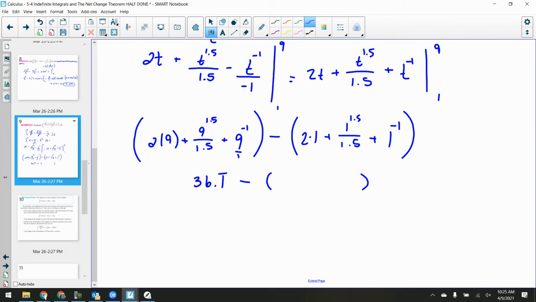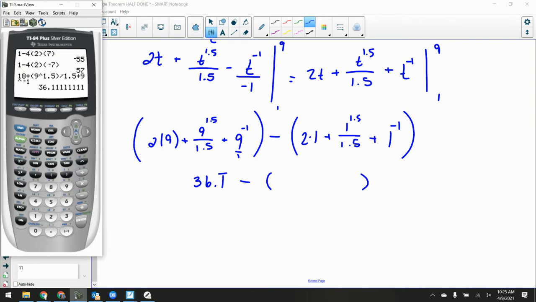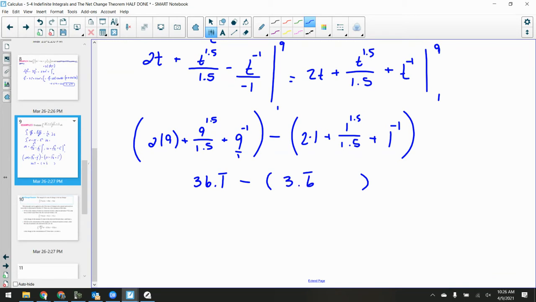And then let's take the second part here, 2 times 1. So 2 plus 1 to the 1.5 is just 1. So 1 over 1.5 plus 1 to the negative 1 is just 1. So 3.6 repeating. I got that.